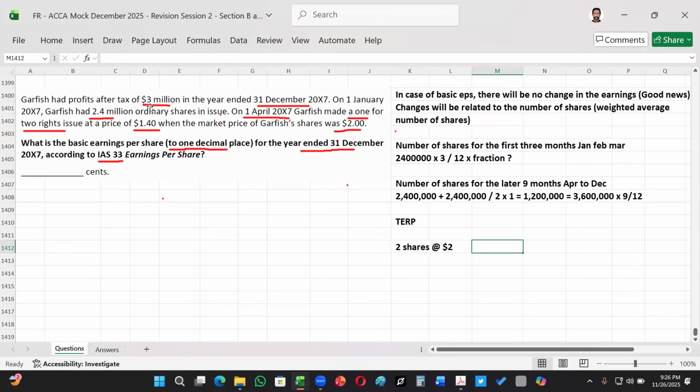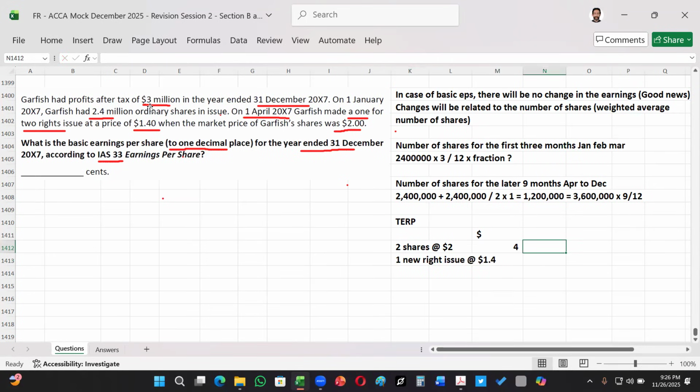So if we have 2 shares, the total value for this one would be $4, and then we would have one new share, one new right issue, that is going to be at $1.4.